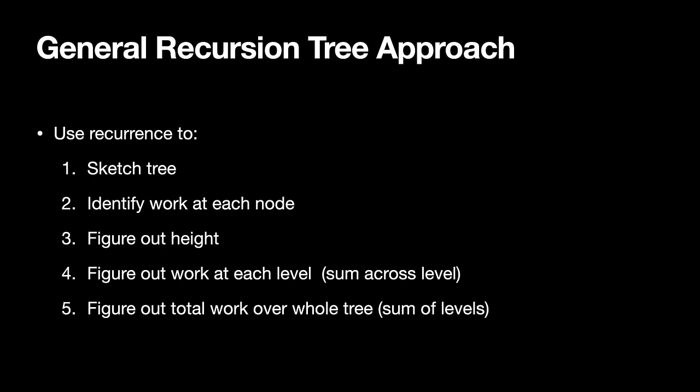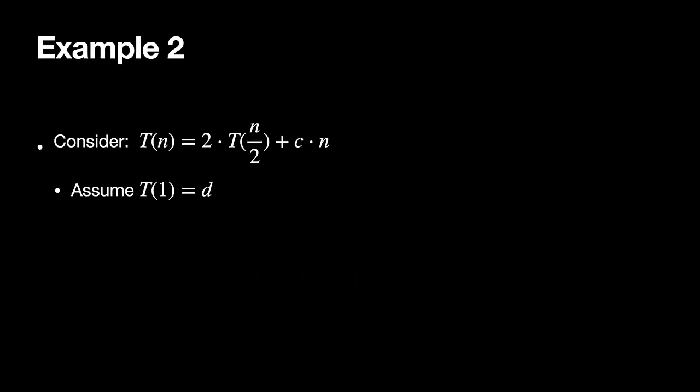Okay, so let's look at another example that will address point number 4 here, needing to sum across the work that's done in a particular level. So we'll consider a more complicated recurrence. So in this case, we'll have each recurrence be 2 times T of n over 2. So we're breaking the problem in half and recurring in 2 different directions.